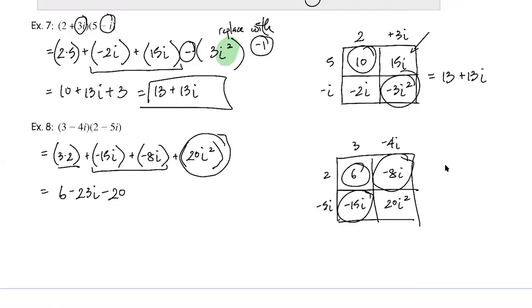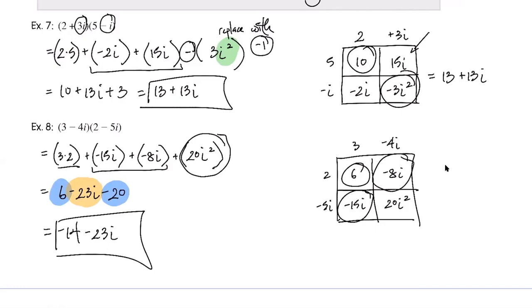Okay. Now I just need to make sure I clean up my terms. So all the real parts, I've got negative 20 and the 6, right? So together, those give me the real part. So I get negative 14. And then my imaginary part is negative 23i. Okay.